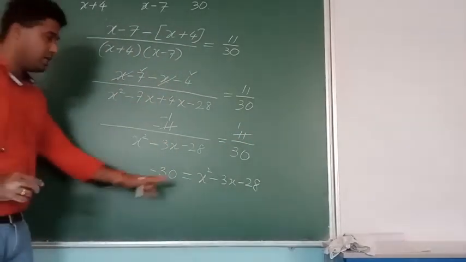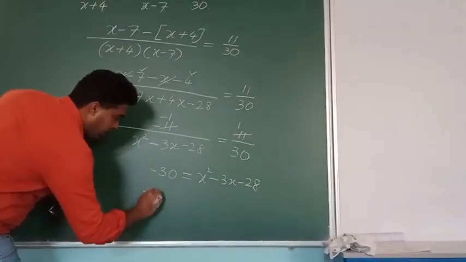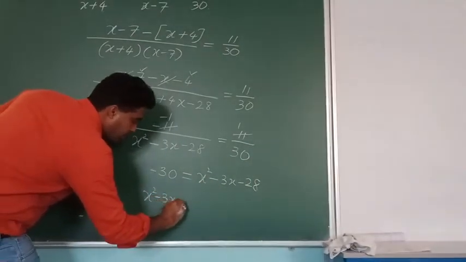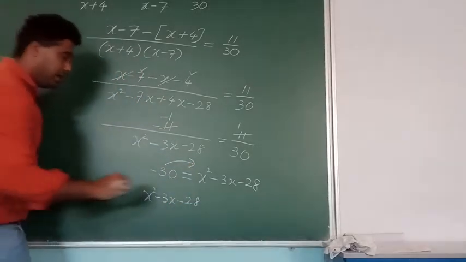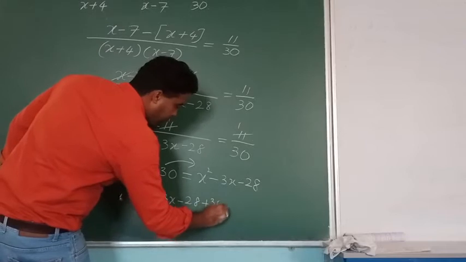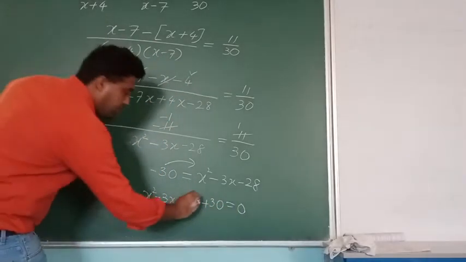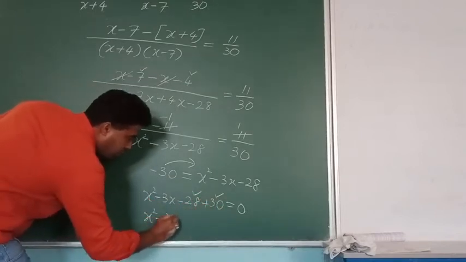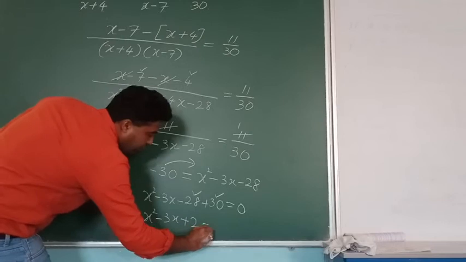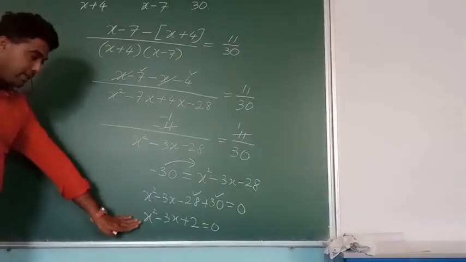Now let me arrange in proper form: x square minus 3x minus 28, then shift this to the other side. It becomes plus 30, which is equal to 0. Further, these two can be solved and it becomes x square minus 3x plus 2 is equal to 0. Now we can get the roots by factorization.